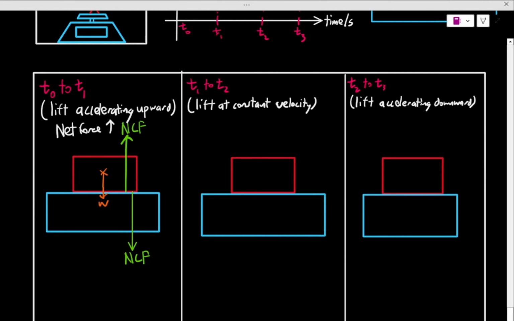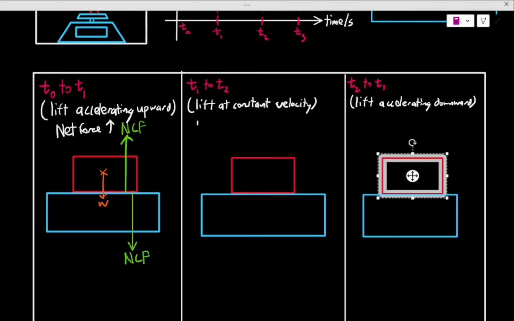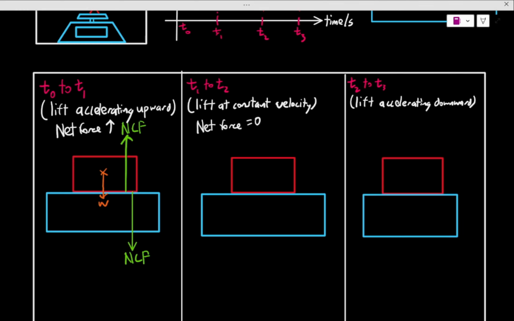Now, T1 to T2 is when the lift is at constant velocity moving upwards and it's in the middle of transporting you upwards. So when this happens, there is no net force, using Newton's second law or first law, upon you. Since there is no net force, there should be no net force on you either, which means that your weight should cancel out with normal contact force.